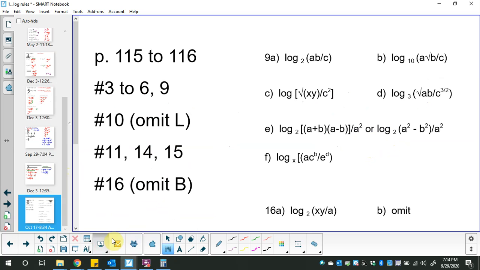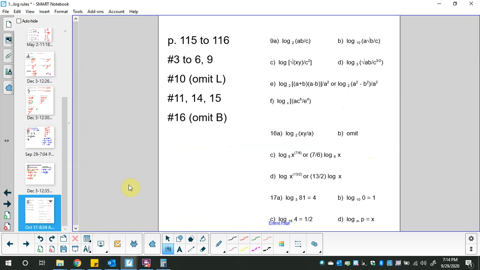So I am going to put this on full screen to show you that even though I've got 3 to 6, 9, 10, don't do L, 11, 14, 15, 16, don't do B. When you get to 9 and 16 and eventually 17, there is a document on the Google site that lets you look at the answers for those.